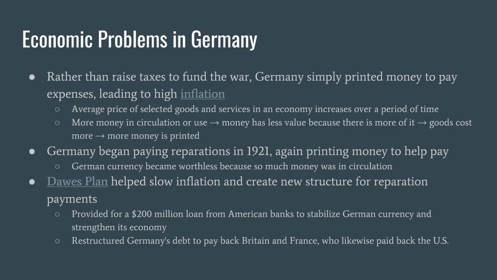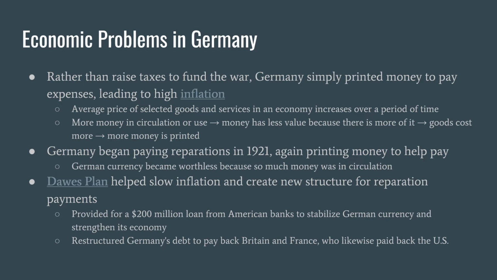When money loses its value, it takes more money to pay for things. Goods like bread and other food products end up costing more. If a loaf of bread costs $1 when there is only some money in circulation, it might end up costing $5 or $6 if lots and lots of money is printed and in circulation in a country. And then because goods cost more, you end up with more money, and it's this cycle.